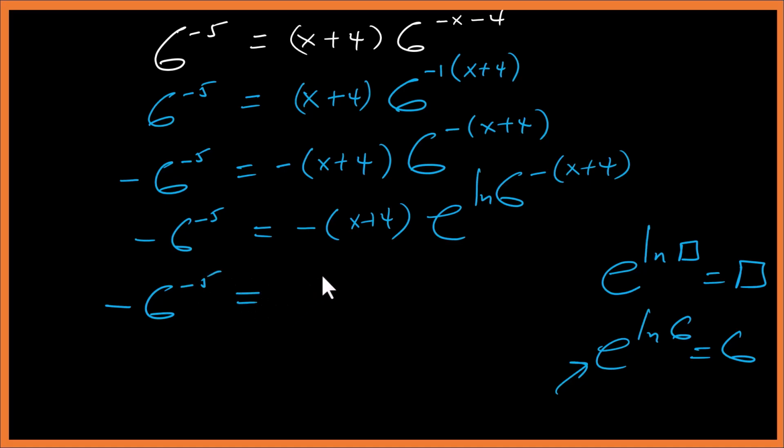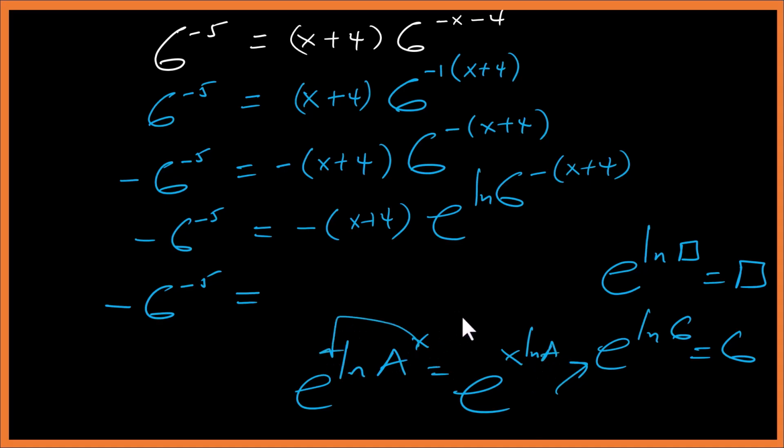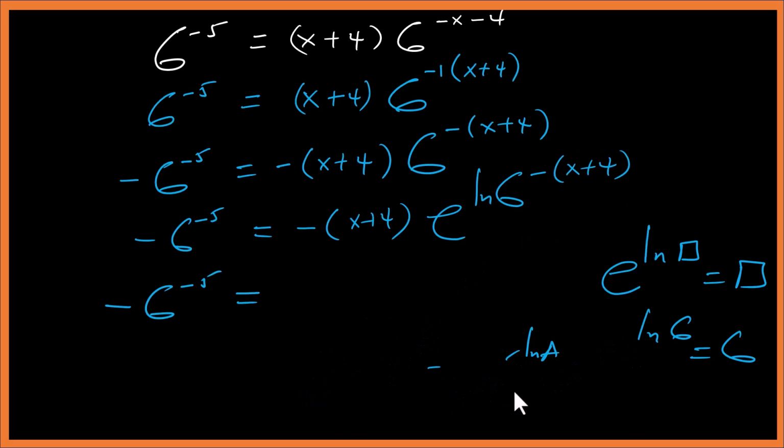So anytime you're given e raised to ln of a to the power x, it is the same as e raised to x ln of a. This one is a power rule, so this one will come here. Since this is a power, we can do the same.